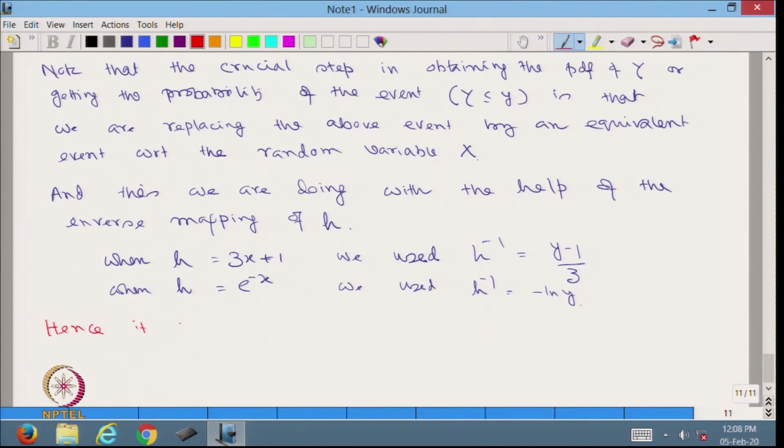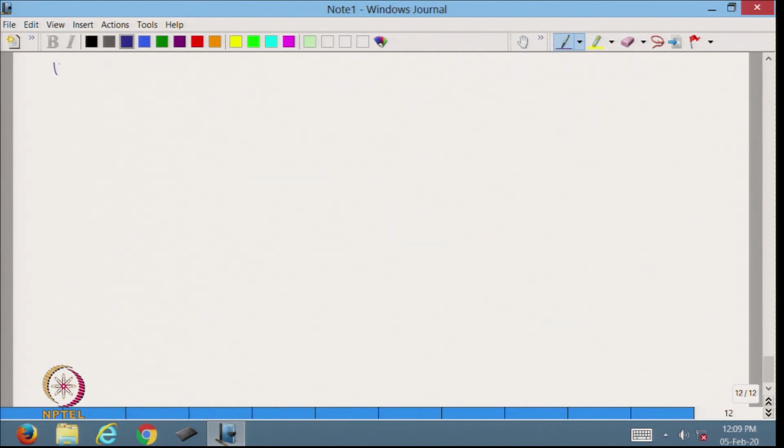Hence, it is critical to have H inverse defined unambiguously. Hence, the major requirement is H is invertible.